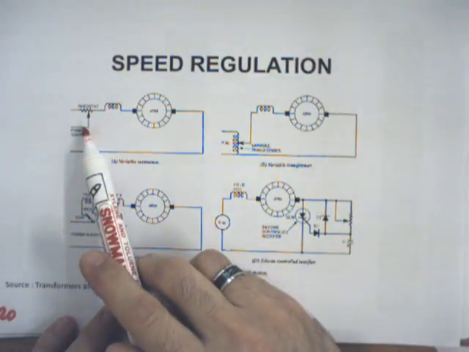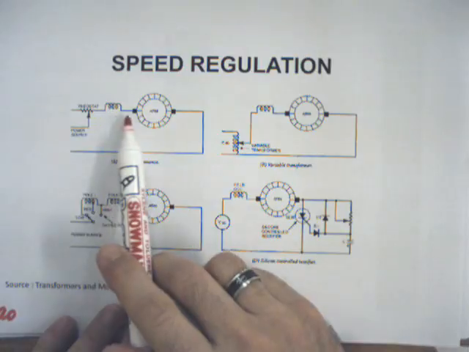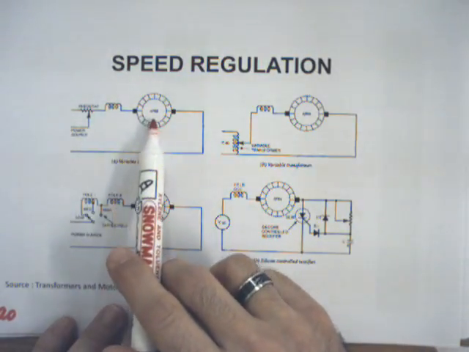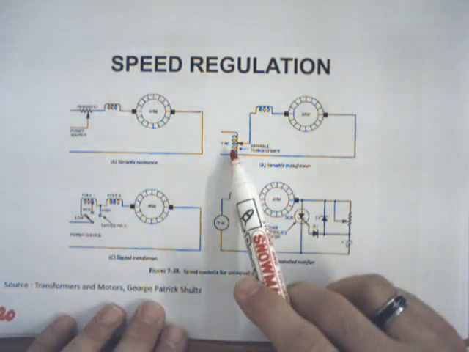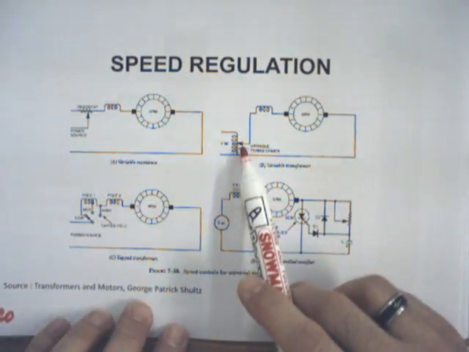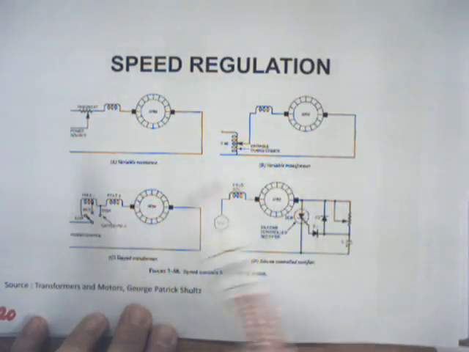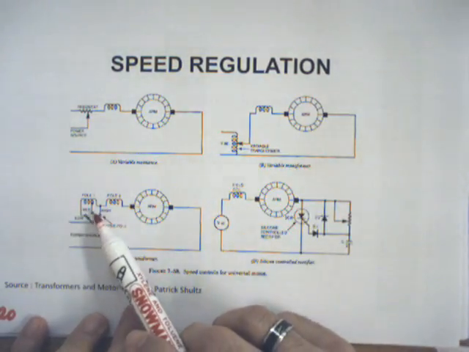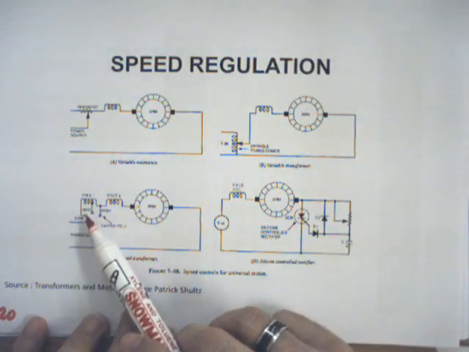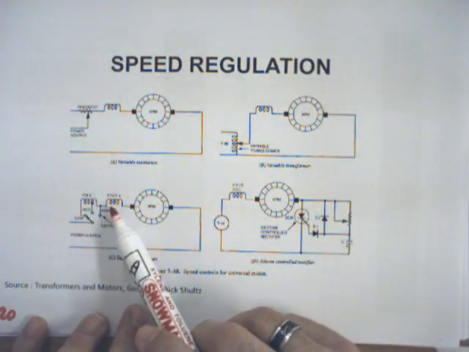We can place a rheostat or variable potentiometer in series with the field and armature, or a tapped transformer to adjust the input voltage, or we can have discrete adjustments to connect different poles in the machine.